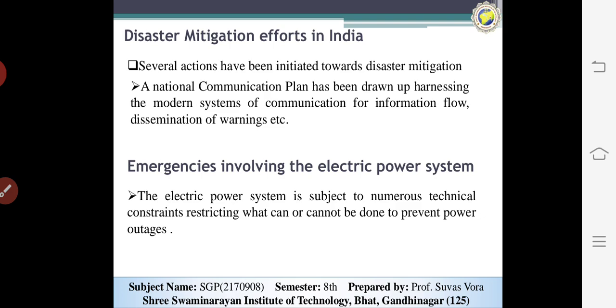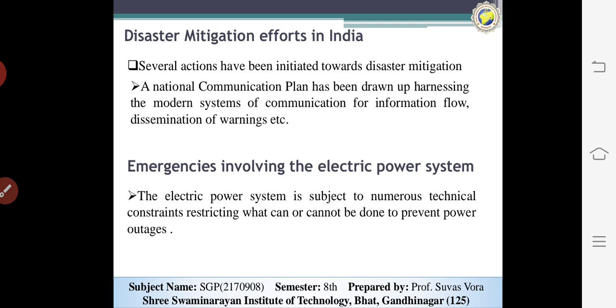A national communications plan has been drawn up, harmonizing the modern communications system, meaning the flow and assessment of the warning, etc. The National Institute of Disaster Management is ensuring the development of the training campus, disaster management code, human resource development, and awareness creation programs and education.